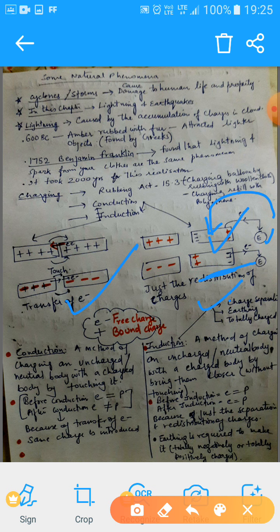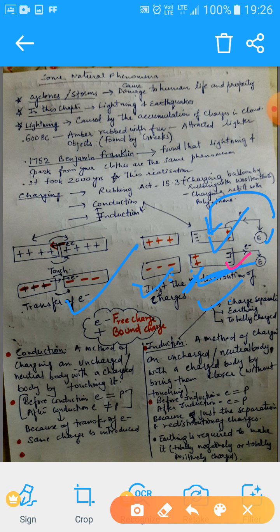For example, in case of induction, if you bring a rod having negative charge near any other neutral body, again there will be rearrangement of the charges, and the positive charge will come to this point, because positive and negative attract. So this time positive will come to this end and negative will go to this end.